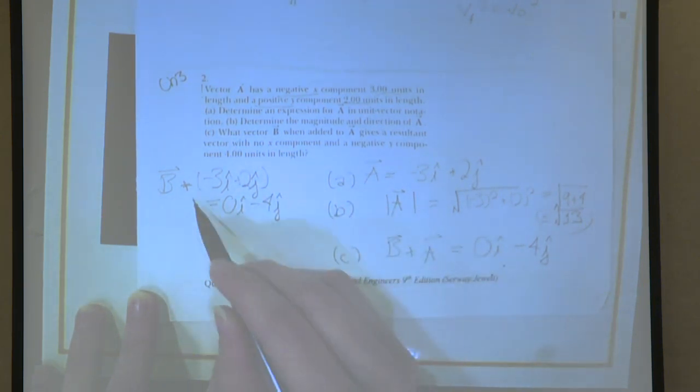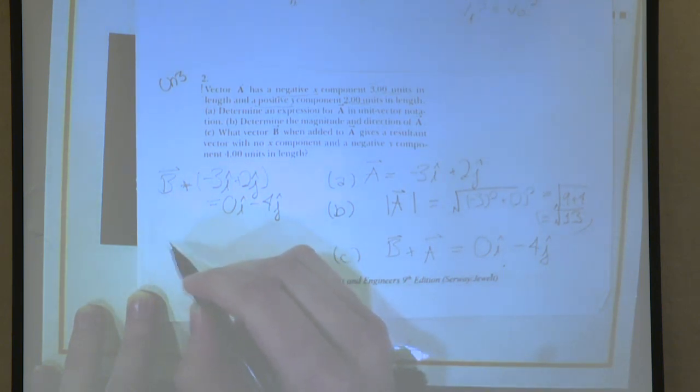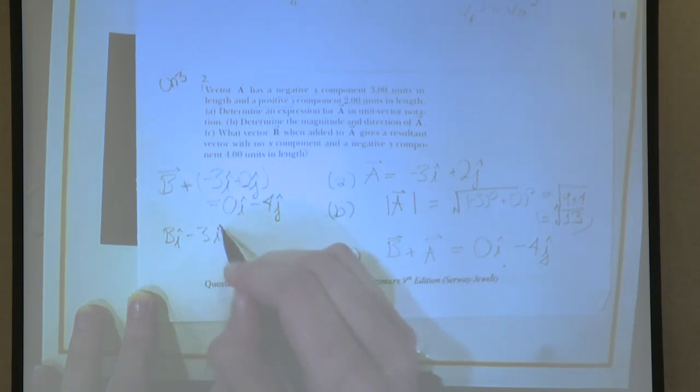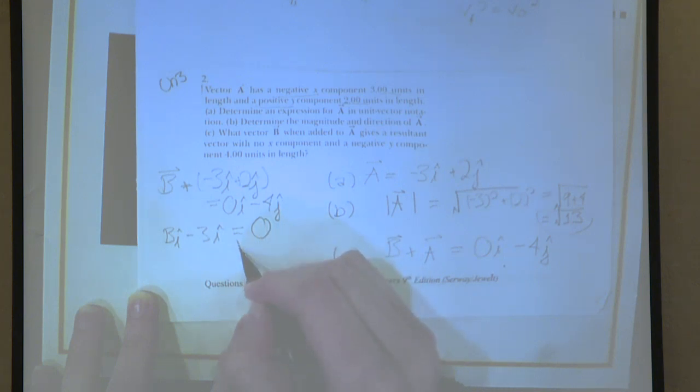When we divide it into components, we don't know what B's i component is, so we'll say Bi. And that plus negative 3i for the component of A is going to be equal to 0. So that means B's i component is equal to 3.